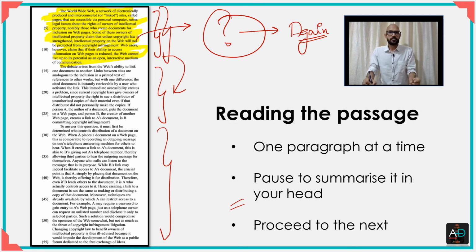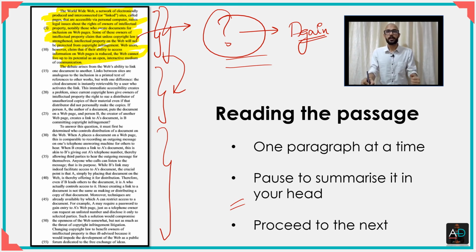Just make sure that you practice. Practice will bring speed. But you cannot bypass the process. If you don't practice, if you don't follow this mechanism, you will never learn. So speed will come with practice, but you must follow this procedure.